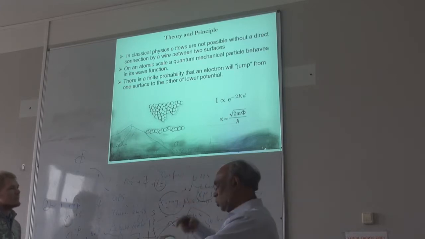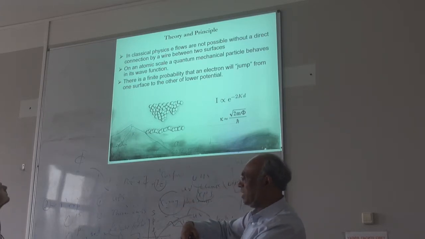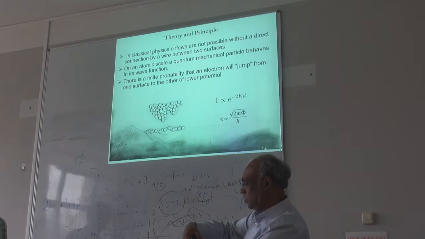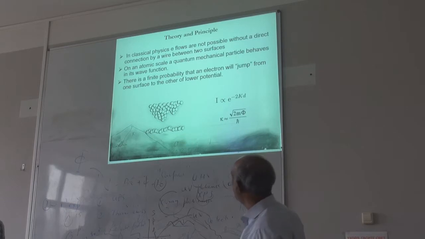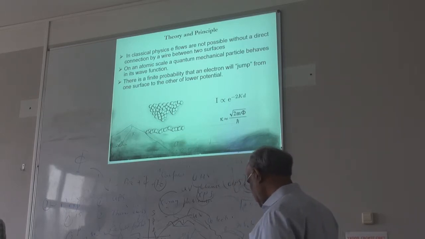When the tip is too close, the current increases, so the piezoelectric device will keep it away to keep the current constant. That maps the height, so you can look at the sample on the atomic scale.